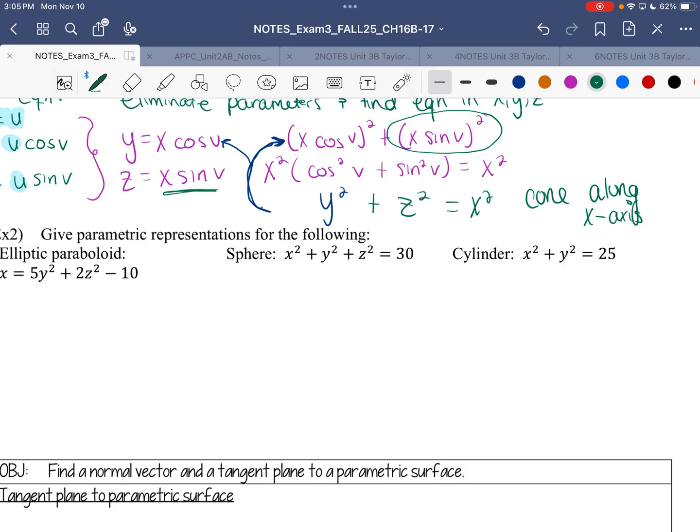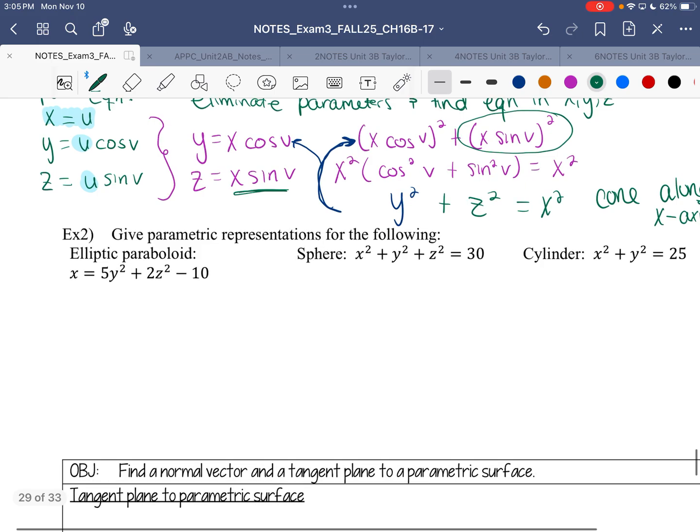So we want to rewrite this. Currently, this is written like x is equal to a function of y and z.